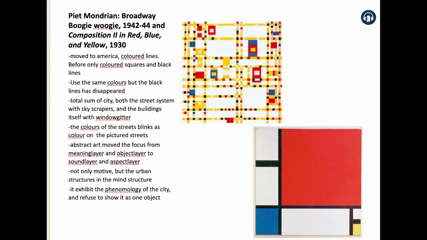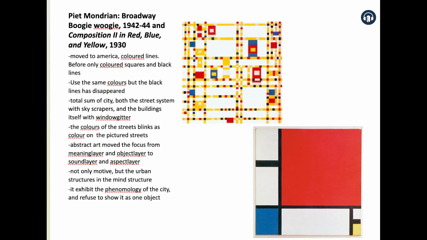Before, he only colored squares and black lines like you see in the lower picture. He used the same colors, but the black line has disappeared in Broadway Boogie Woogie. And Broadway Boogie Woogie is a total sum of the city, both the street system with skyscrapers and the buildings themselves with window glitter. The colors of the street blinks are like colors on the pictured streets.